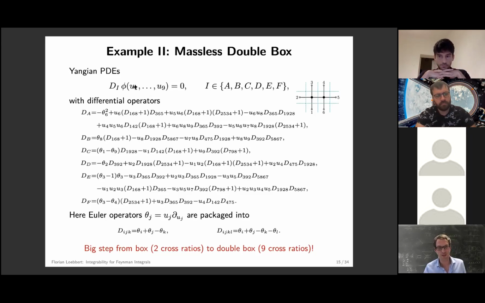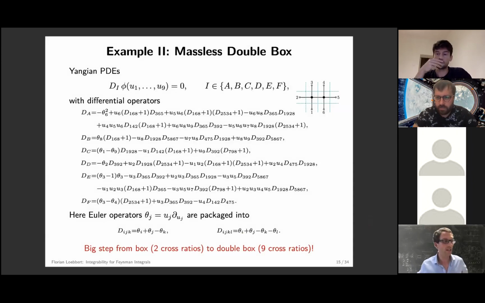This conformal function has 9 variables, and this is also reflected in these differential equations that we obtain from Yangian symmetry. These differential operators annihilate the respective conformal function, and here I have used a lot of notation to package this on this slide. So I introduced these Euler operators, which I then again packaged into these shorthands.